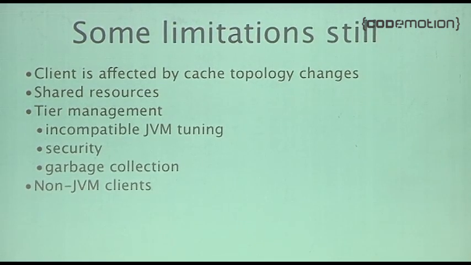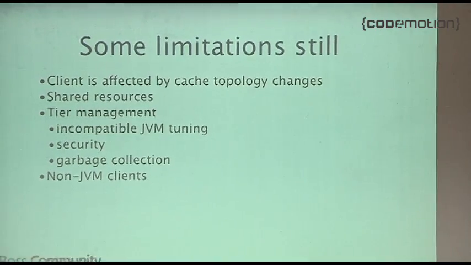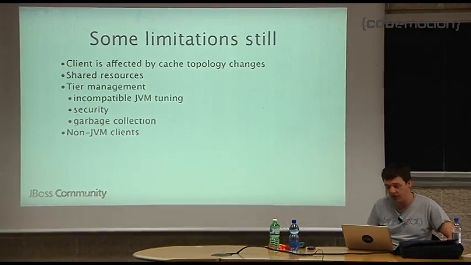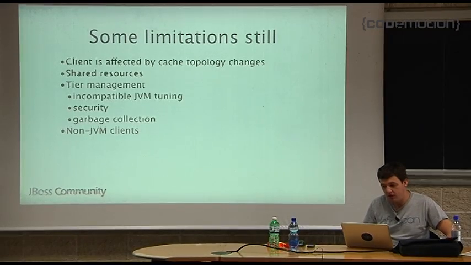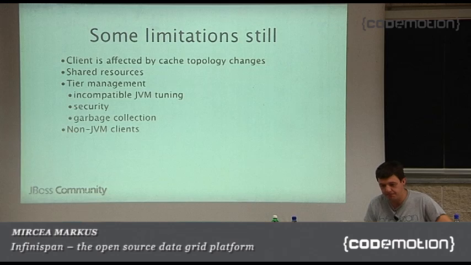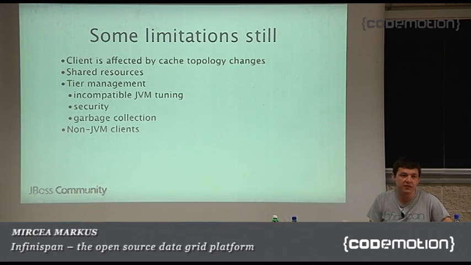There are limitations with local caches as well. With the cluster of caches I've just shown in the previous slide, one limitation is the fact that clients are affected by topology changes, slightly affected.